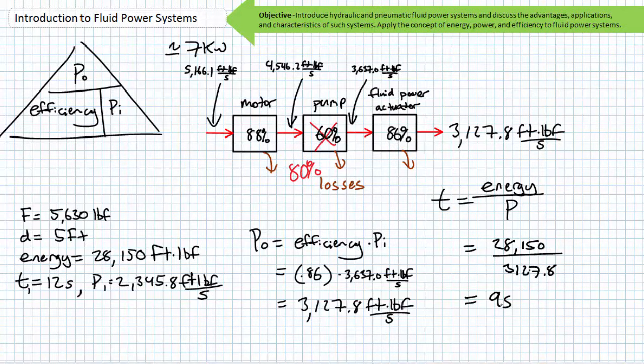We differentiated between hydraulic and pneumatic systems, compared and contrasted the characteristics, advantages, and disadvantages of fluid power systems with other systems, and finally, we reacquainted ourselves with the concept of energy, power, and efficiency as applied to fluid power systems. Remember to review these concepts as often as you really need to drive it home.